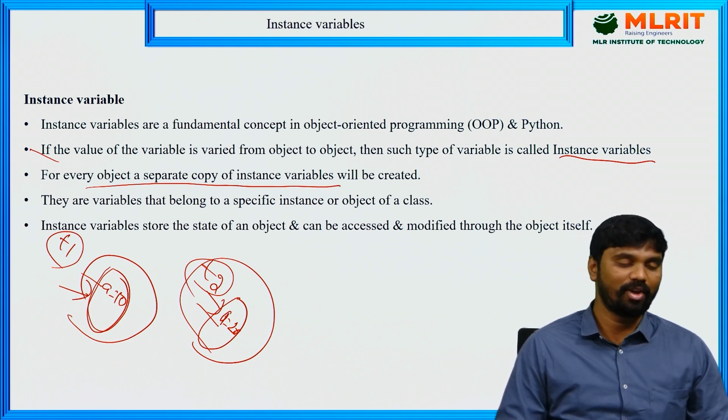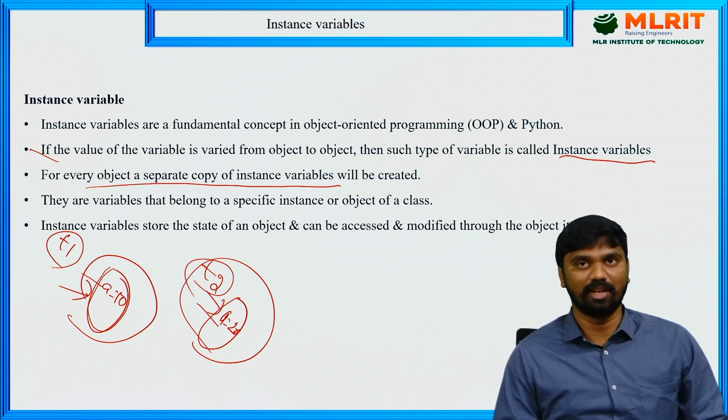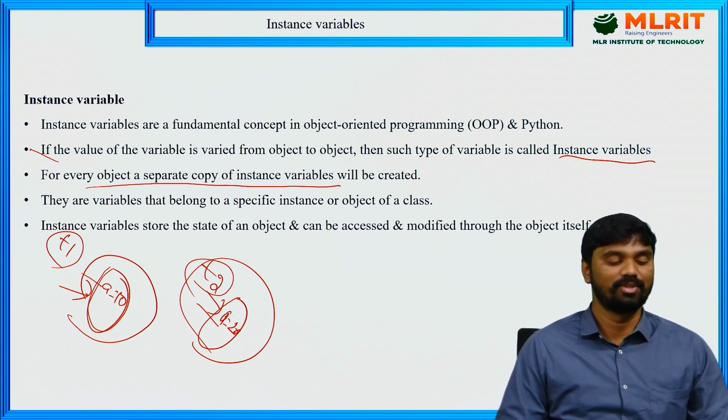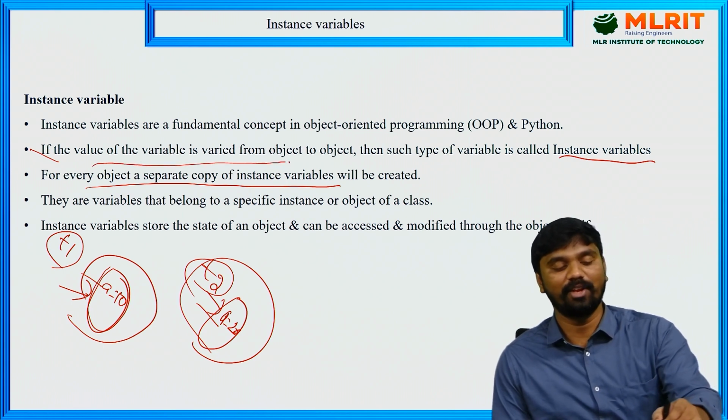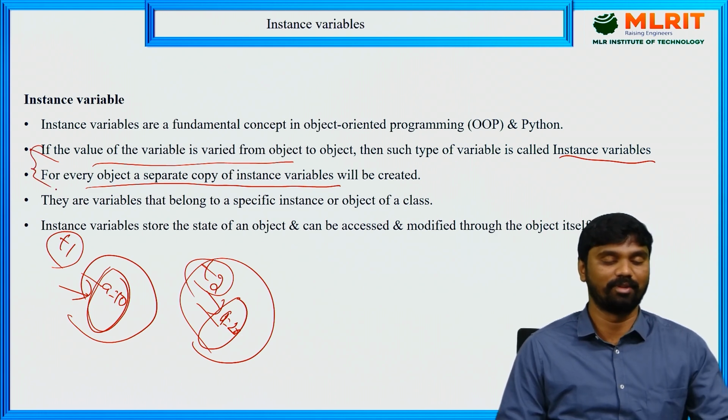For every object, a separate memory is allocated to the instance variables, or a separate memory will be created for the instance variables. So that's why the value of the variable varies from object to object. These two statements are connected.